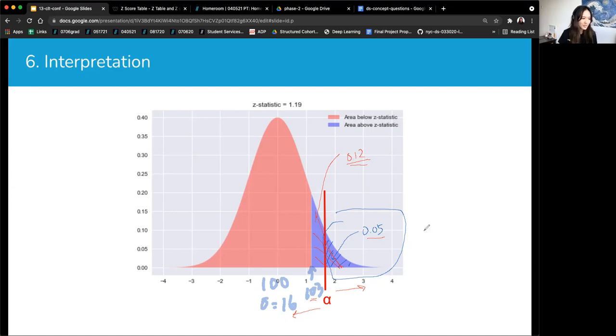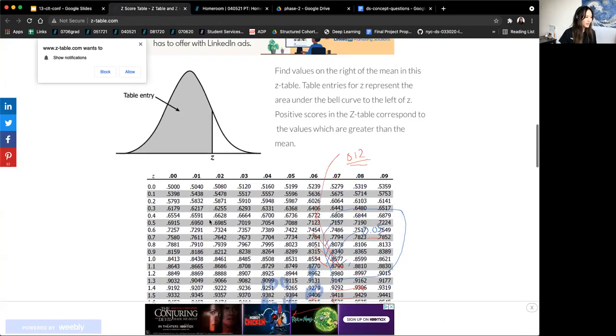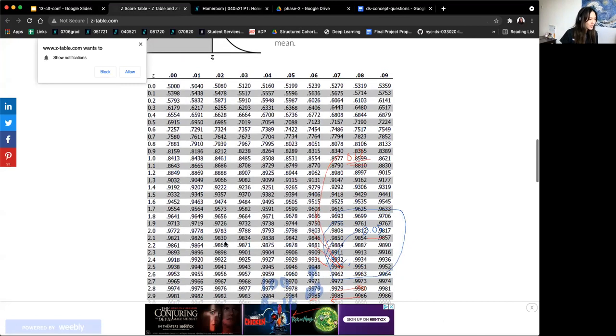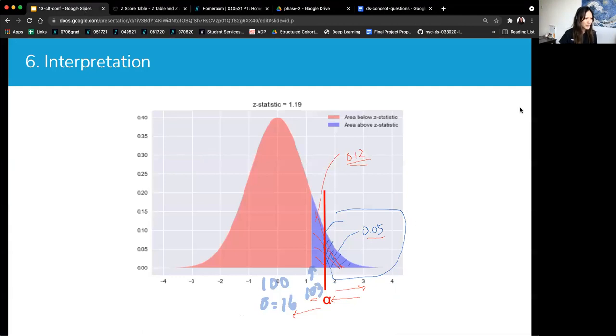Another way we compared this is we also looked at alpha on the graph. You can reverse alpha and figure out what the statistic associated with alpha is. If we look up 0.95, we can reverse engineer the alpha, which is roughly 1.64 or 1.65.